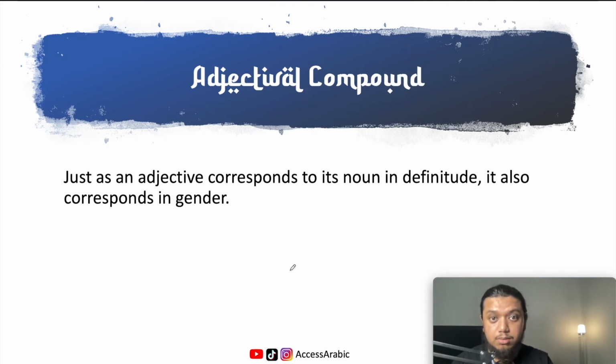If the mawsoof is definite, so is the sifa. I briefly mentioned that they also correspond in gender. So we know if the mawsoof is feminine, so is the sifa. If the mawsoof is masculine, so is the sifa. And that concludes the theory aspect of today's lesson.